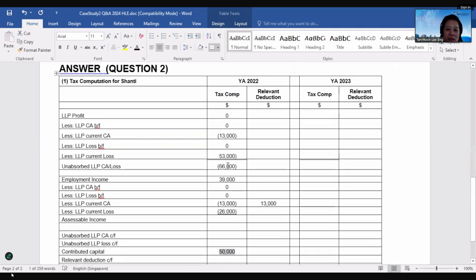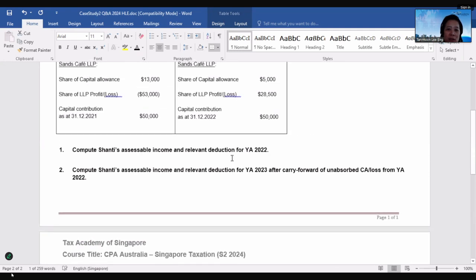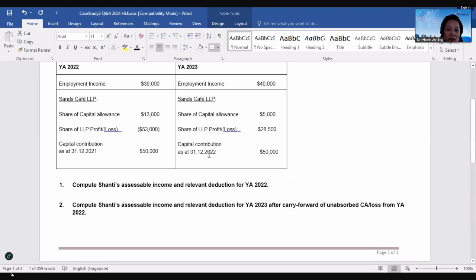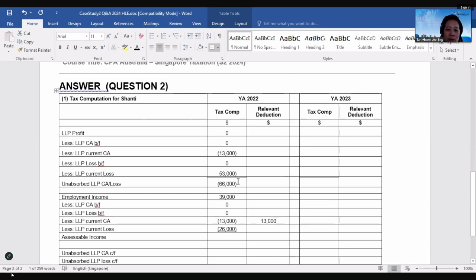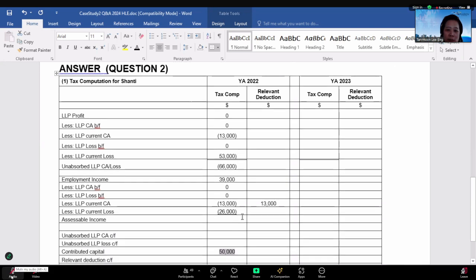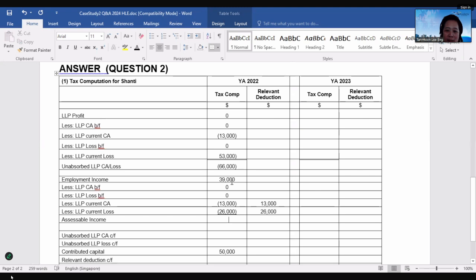Current loss 53. So we have this, we're left with 26. We can allot 26 because it's still within 50,000. Understand this part? 39 minus 13, 26. 26 is still within the 50.